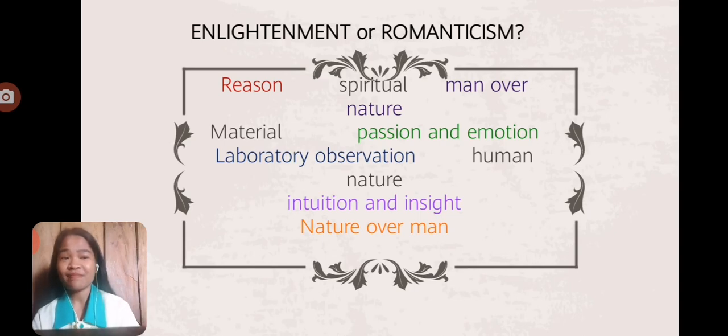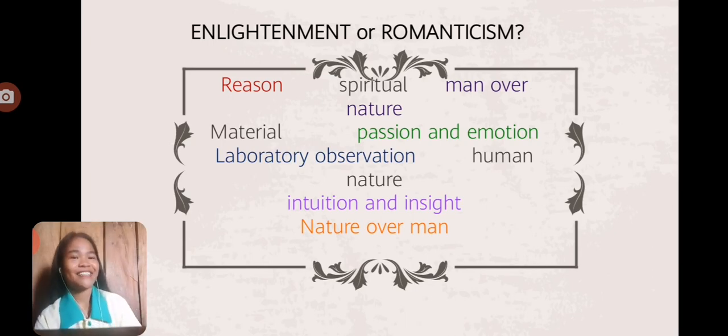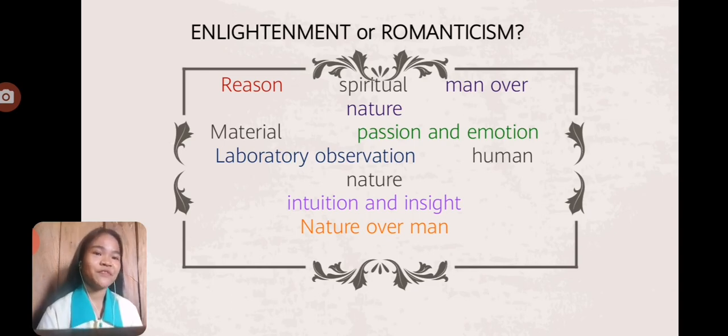The spiritual, man over nature; material, passion and emotion; laboratory observation; human nature, intuition and insight; and nature over man. I would like you to classify these, or you can write a column and participate in our game. Okay, I'll wait for you to classify those words or terms.